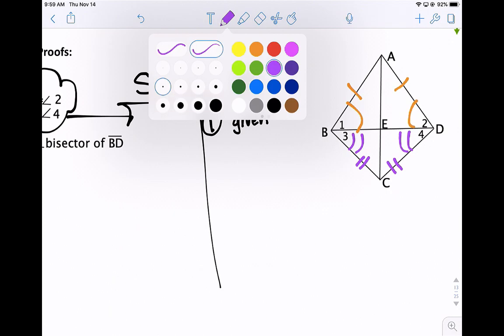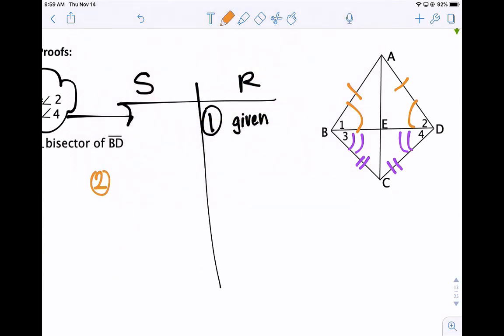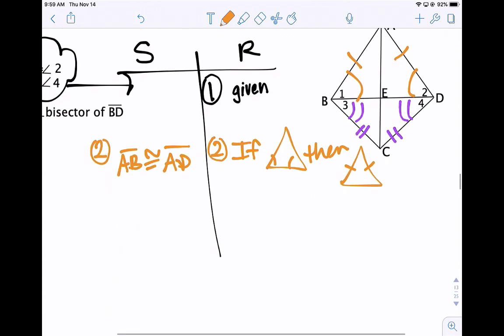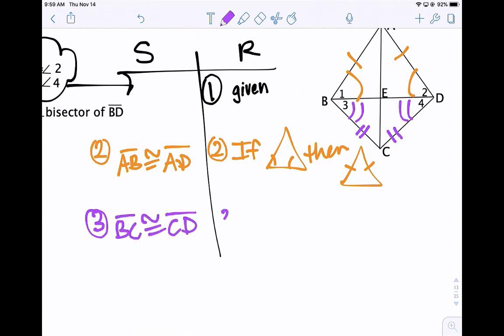Step 2, AB is congruent to AD, and the reason: if the base angles are the same, then the opposite sides are congruent. Then let's do the same thing for our lower triangle. Step 3, BC is congruent to CD, since again, if the base angles are congruent, then the sides opposite are congruent.